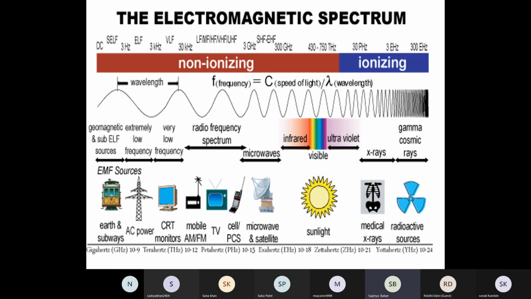So there is the visible region, there is the IR region, and there is the UV region. And after the UV, there is X-ray. X-rays come in the wavelength range of 10 raised to minus 2 nanometer to 15 nanometer.